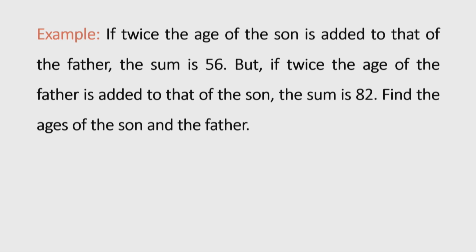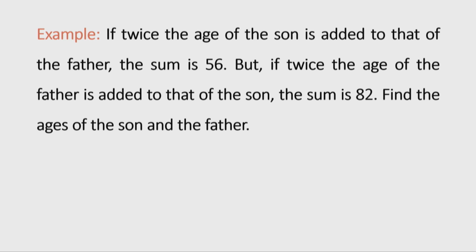A third example. If twice the age of the son is added to that of the father, the sum is 56. But if twice the age of the father is added to that of the son, the sum is 82.